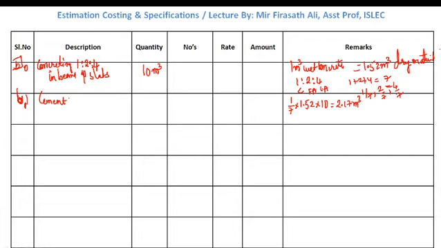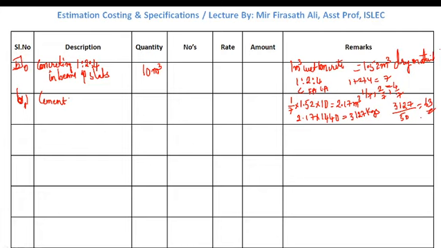Now if we multiply 2.17 by the density of cement, 1440, we will get it in kgs, which is 3127 kg. If we divide 3127 by 50 kg, we will get the quantity of bags, which is equivalent to 63 bags.